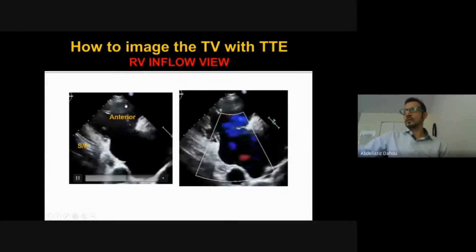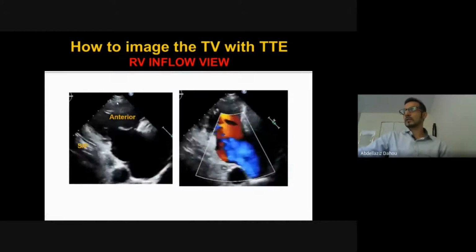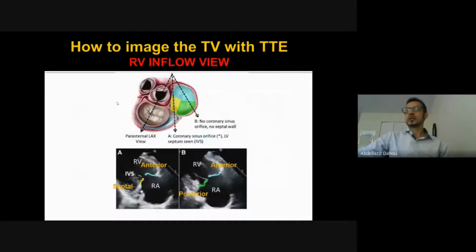This is the anterior wall of the right ventricle. You can see if there are abnormalities of the valve, and you can measure the tricuspid annulus in this dimension. From this view, this is the anterior leaflet, and if you see a part of the coronary sinus here, that means you are looking at the septal leaflet.